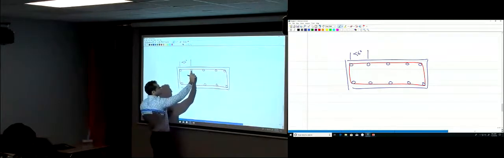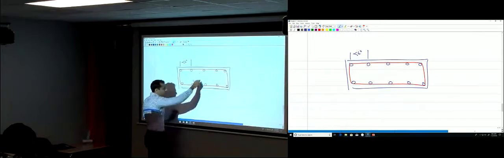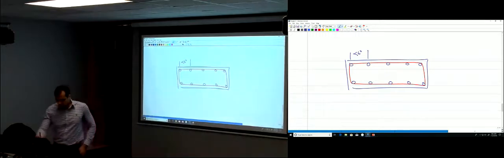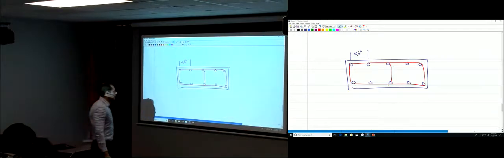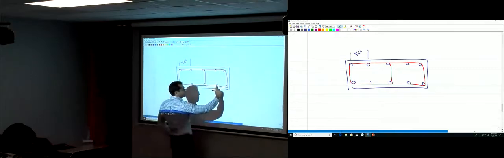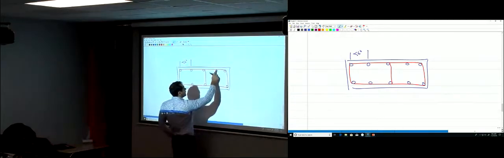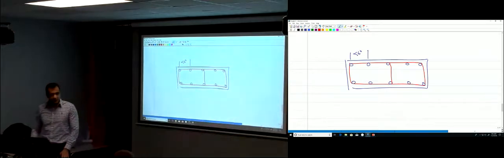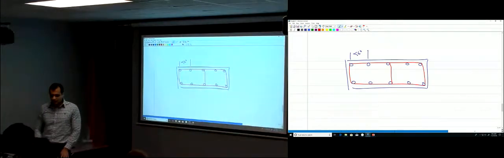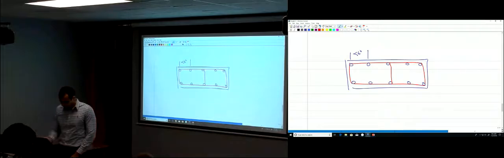This one, since you already left the other without a stirrup, you have to have a stirrup here. So I need to provide a stirrup that goes around that bar here. And then I'm holding this one. I can allow this one not to be supported by a stirrup as long as the distance is less than 6 inches. Okay?